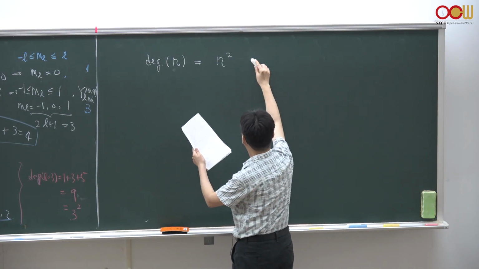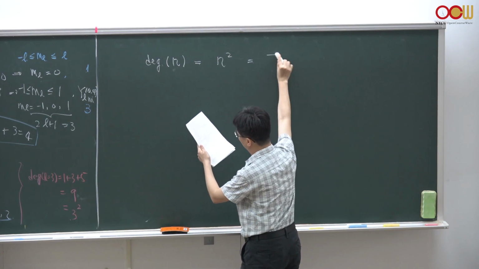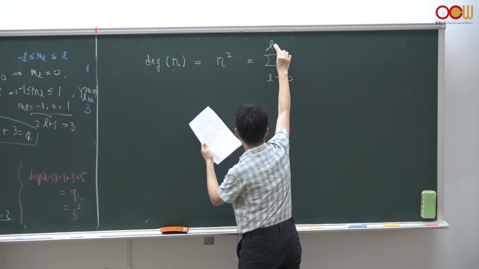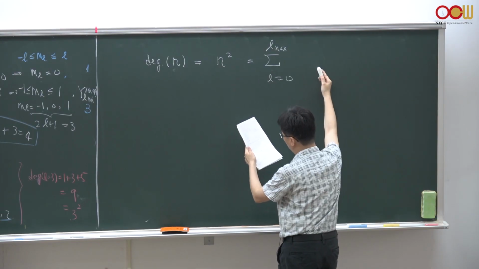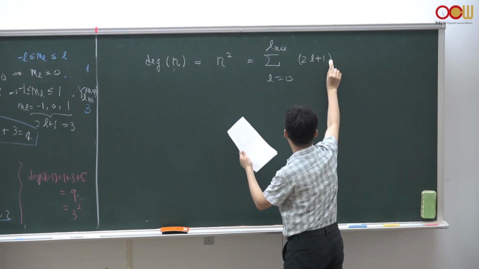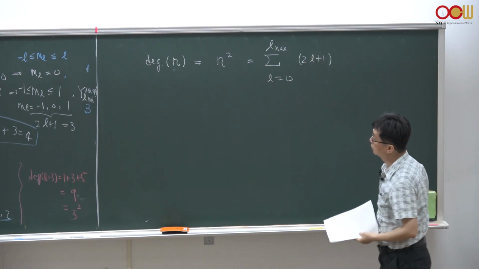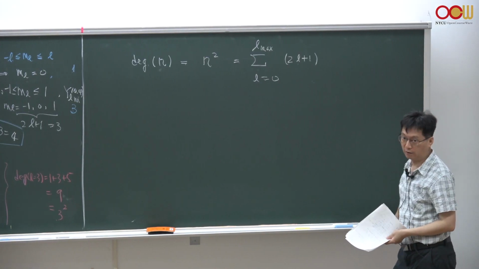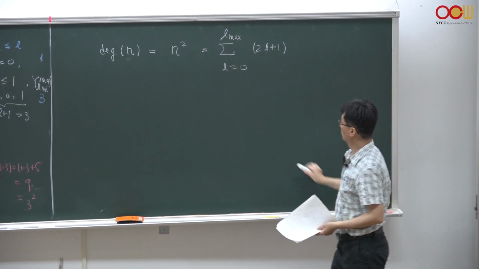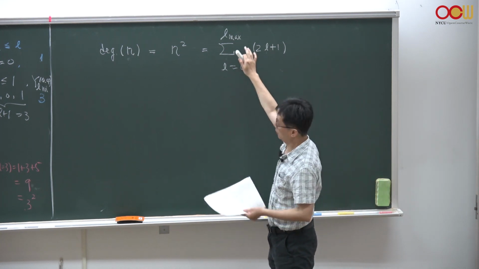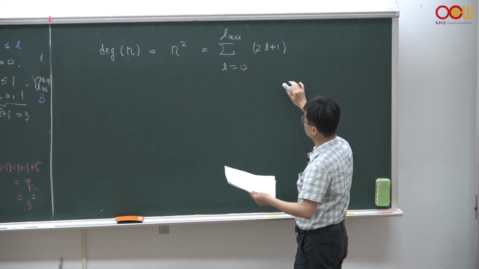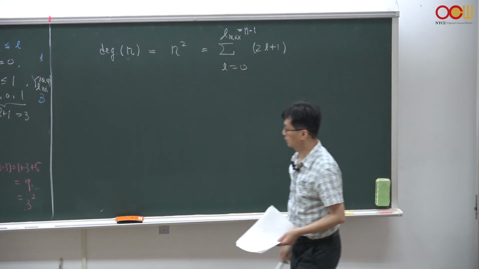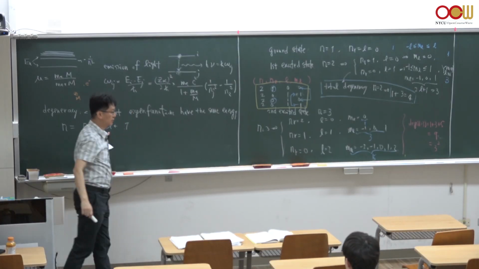This comes about because you sum over L from 0 to the L maximum. Inside the summation, there are 2L plus 1 degenerate states for each fixed L. As a result, when you sum over L from 0 to L maximum, but what is the L maximum? L maximum is nothing but n minus 1, because of this relation here.